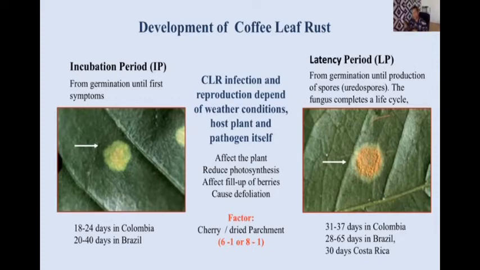If it increases higher than 5, there is some kind of problem. So when we have this disease and don't control it, the factor could be 6 pounds of cherry to produce 1 pound of parchment, or in the worst situation, about 8 pounds of cherry to produce 1 pound of dry coffee. And this could be very, very bad for us.